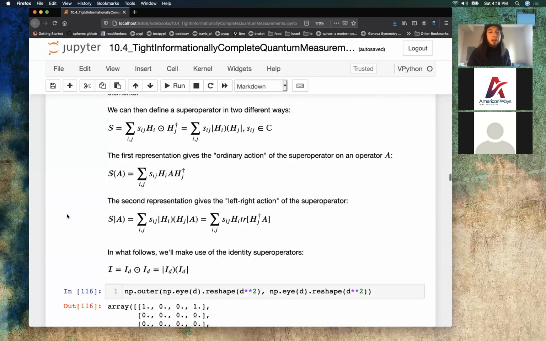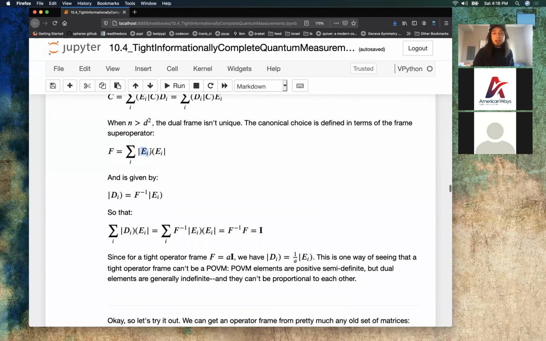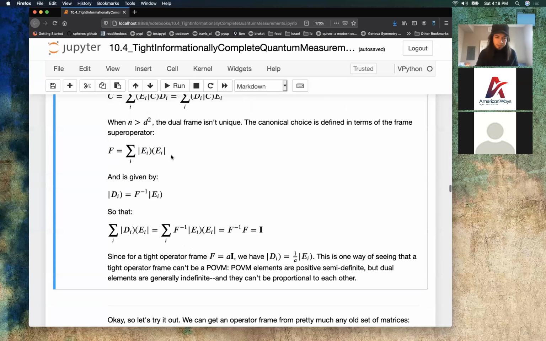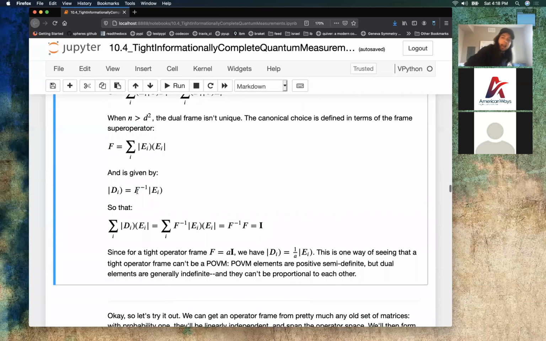Now we're going to talk about the frame super operator, where these, recall, are the vectorized versions of the operators that make up the frame. And we just sum over them in the same way. If we take the inverse of this matrix and have it act on the vectorized versions of the operator frame, we'll get the dual elements.